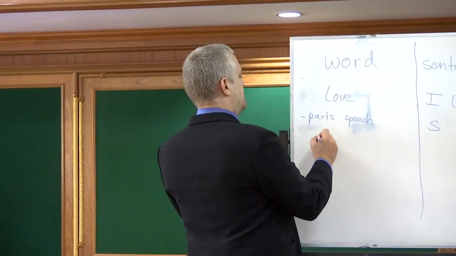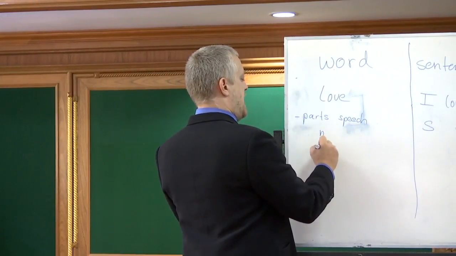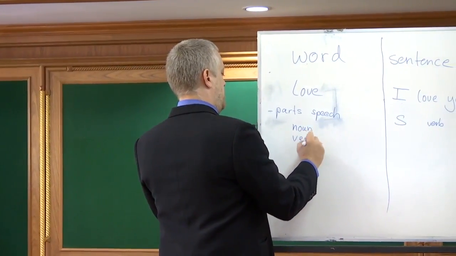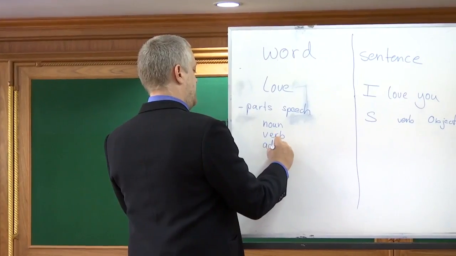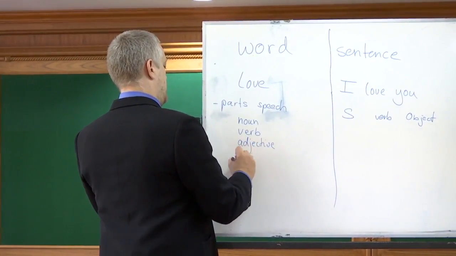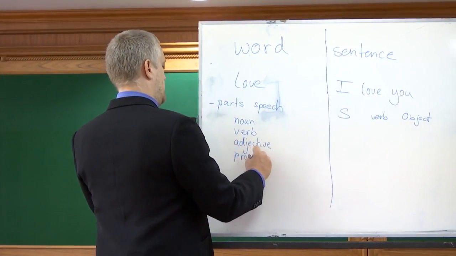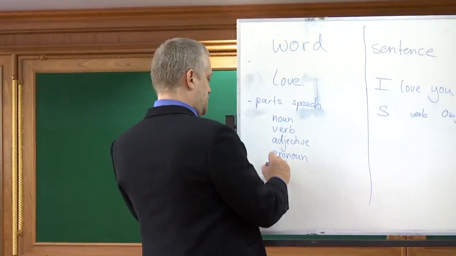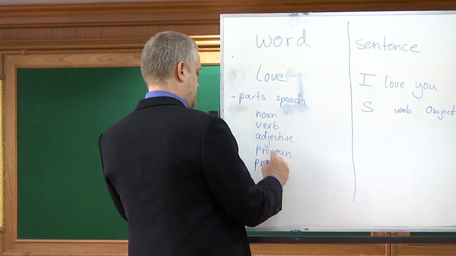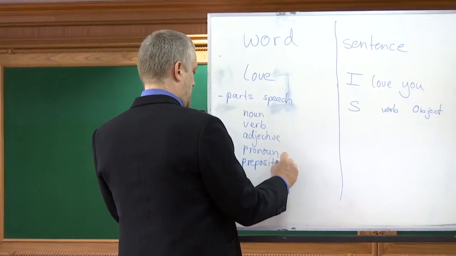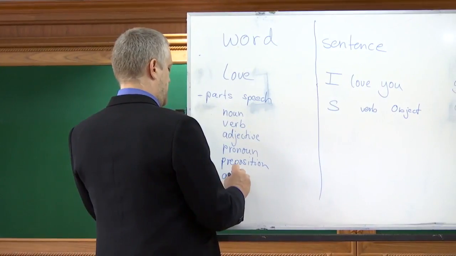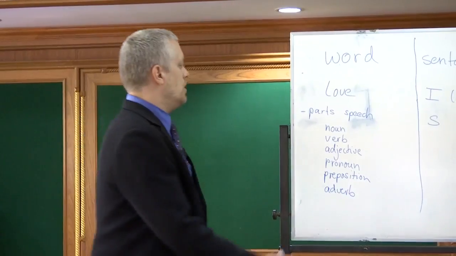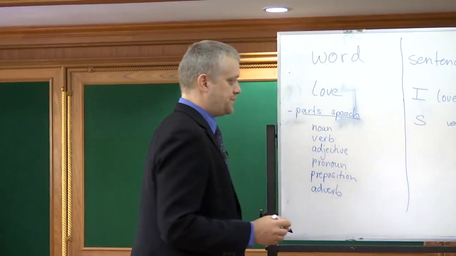One list is the parts of speech, which are namely noun, verb, adjective, pronoun, exclamation, determiner, preposition. Maybe I take the adverb there as well. These are all parts of speech.